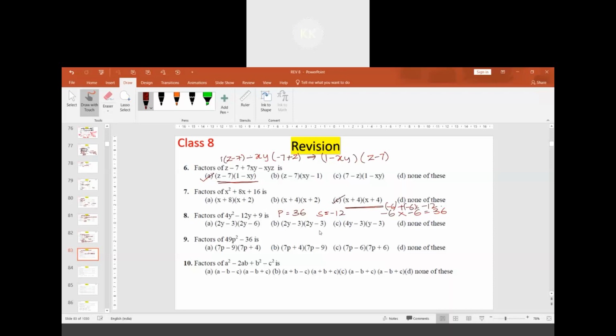So we will be having an expression like 4y square minus 6y minus 6y plus 9.